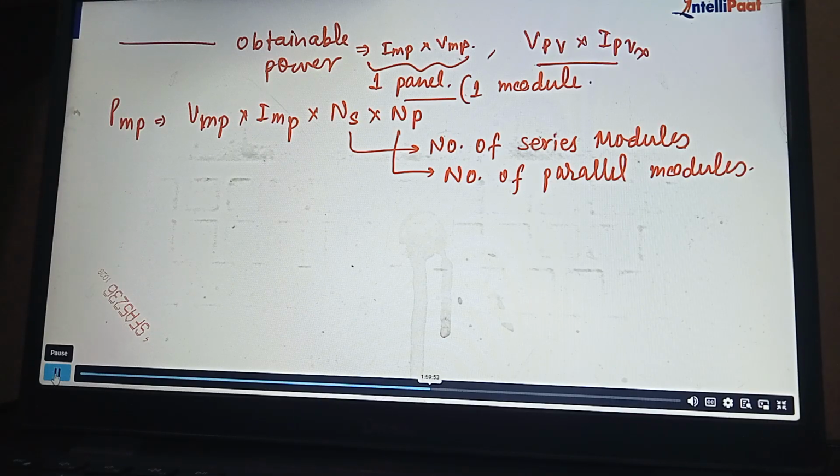So NS represents the number of series modules, and NP represents the number of parallel modules. Okay. Any confusion in this?